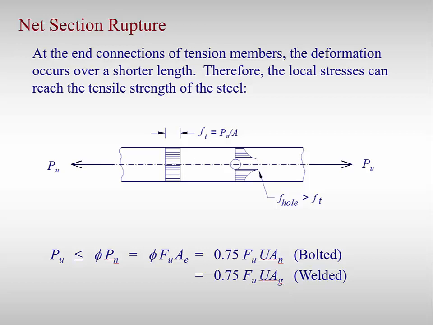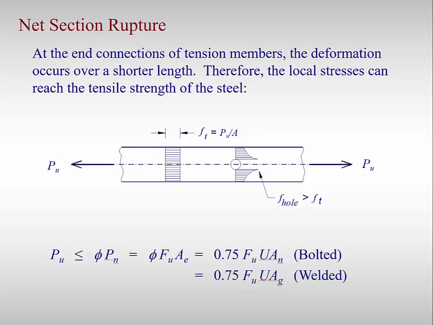Remember, the effective area is the shear lag factor times the net area for a bolted connection and is equation D3.1 in Chapter D of Part 16, while for a welded connection, it is U times the gross area.